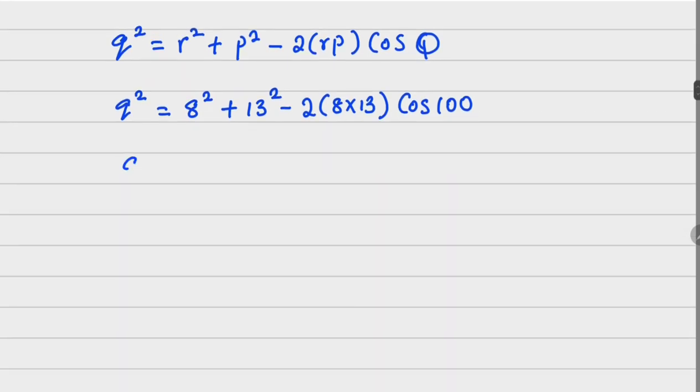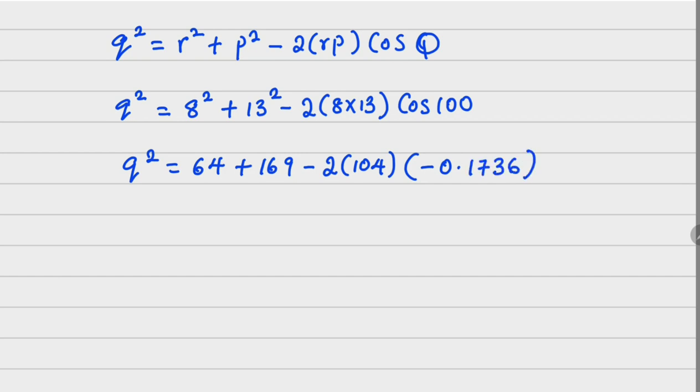Now, I need you to follow me to understand what I'm going to be doing here because it's very important. So q squared is going to be 64 plus 169 minus 2 into 8 times 13, which is 104, then I have cos 100. Cos 100 is minus 0.1736 using our calculators.